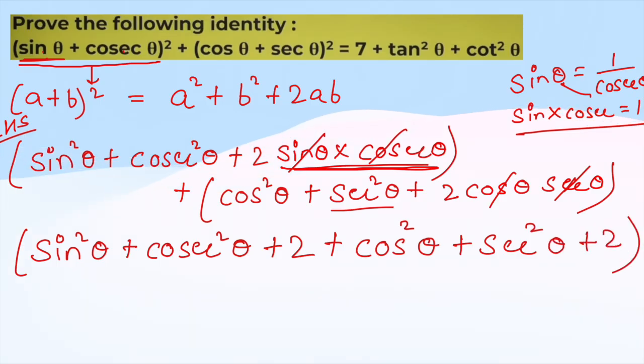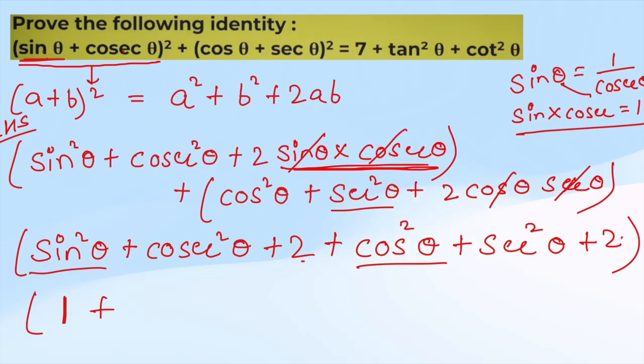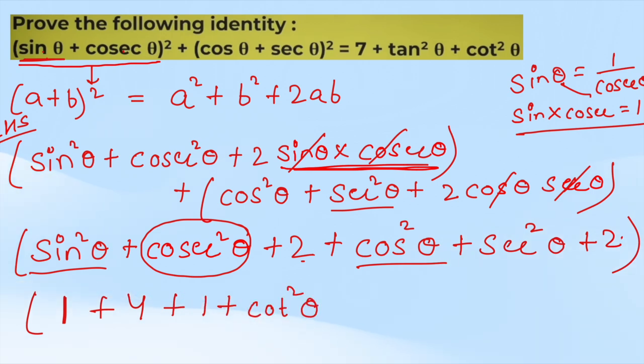Any doubt? Okay. So now sine square theta plus cos square theta is directly 1. 2 and 2 will make 4. Now how to write cosec square in terms of cot? It is 1 plus cot square theta. And how to write sec square in terms of tan? It is 1 plus tan square theta.